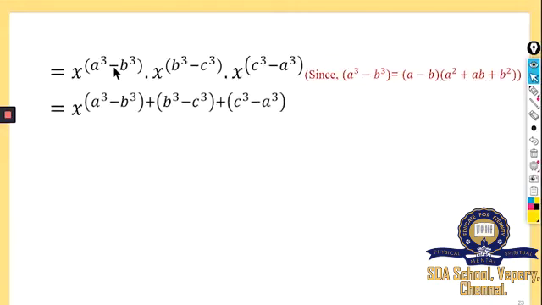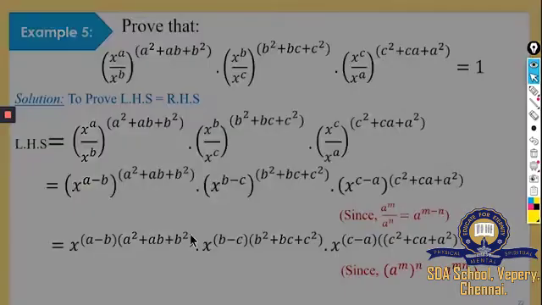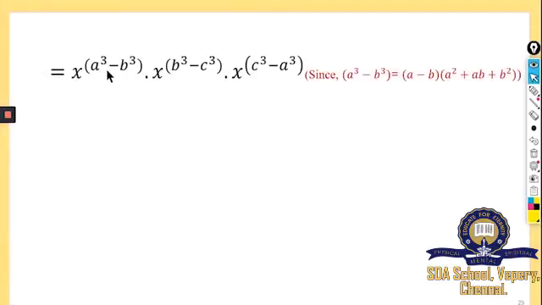So instead of the power we had, we're going to substitute the identity here. So when you substitute, in the previous step you had a minus b into a square plus ab plus b square. So here, in the place of this, you're going to substitute a cube minus b cube, as the identity says. So that is how we have got x power a cube minus b cube.